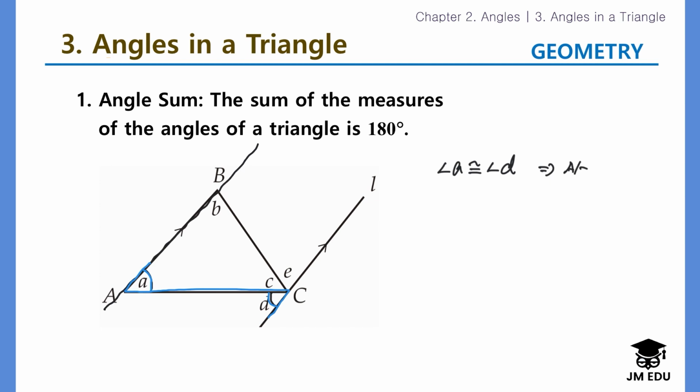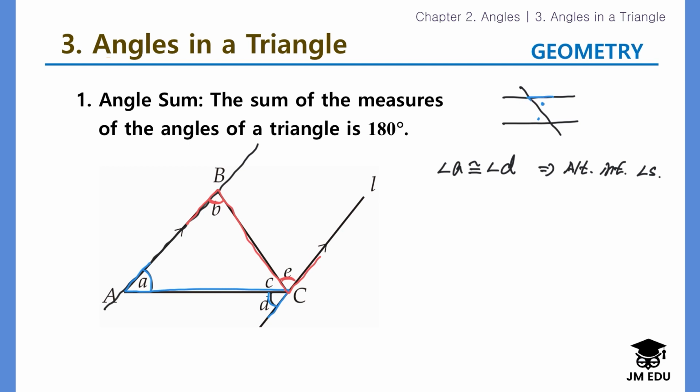That's alternate interior angles, right? Also, angle B is congruent to angle E, right? These two angles are also alternate interior angles. Remember when we have two parallel lines and a transversal like this, these two angles are congruent, right?